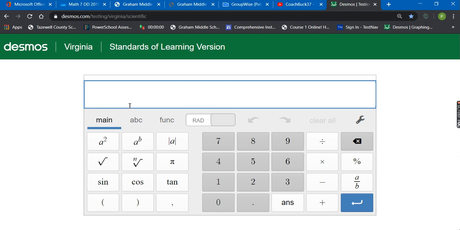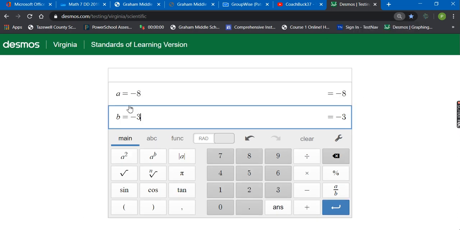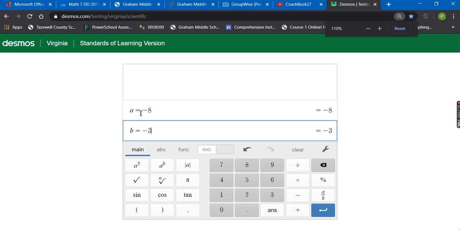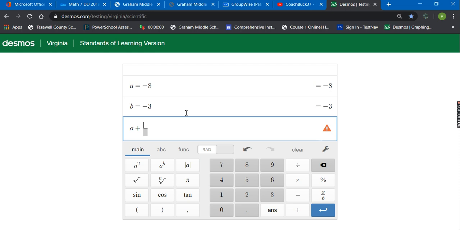Okay, I'm going to do A equals -8, hit enter. I'm going to go B equals -3, and I'm going to zoom this out a little bit. That way I can see everything. Hopefully that's not too small for you to see. Now I can plug this in just exactly like it is on my sheet.